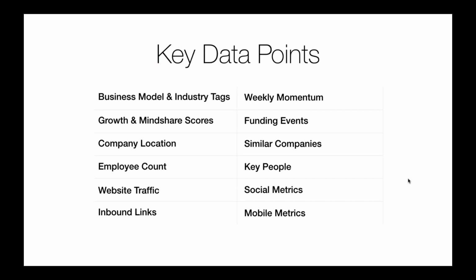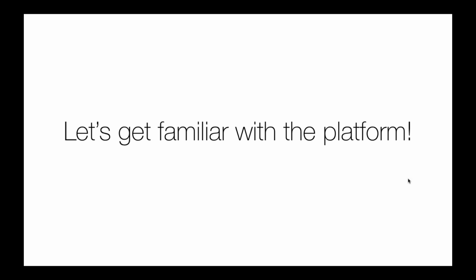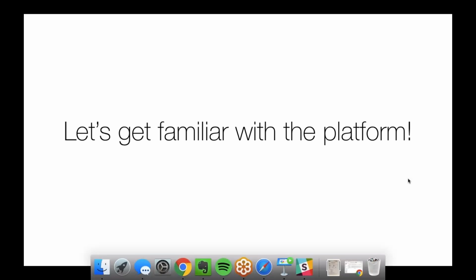A couple of these that I'd like to point out are your employee counts, which show growth in a company based on their confidence and what stage they're at and whether they're ready to expand and grow. But we also track every funding event. We also score companies so that we understand from a very objective point of view which companies are growing relative to others. Now, with that said, I'd like to jump into the platform.